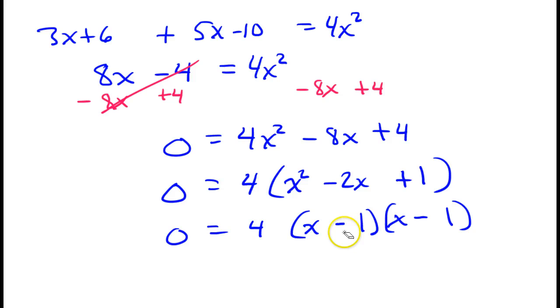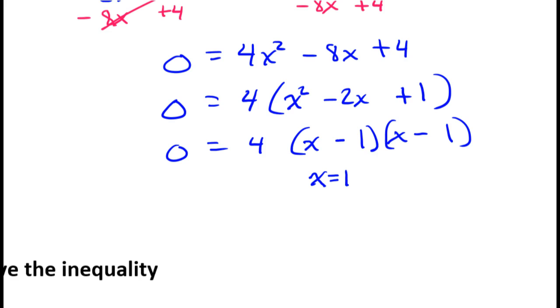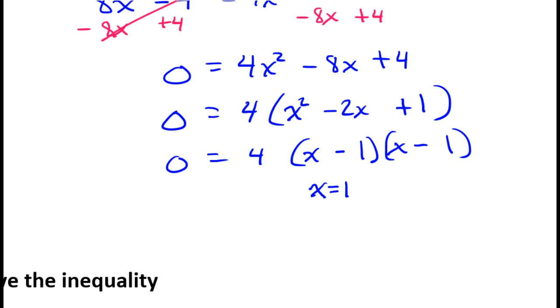To get the solutions here, I need to set each of these factors equal to 0. This constant isn't going to do anything. I'm going to ignore the 4. But if I set x minus 1 equal to 0, I'm going to get x equals 1. And this is the same thing, so still x equals 1. So this is the x value of my solution.